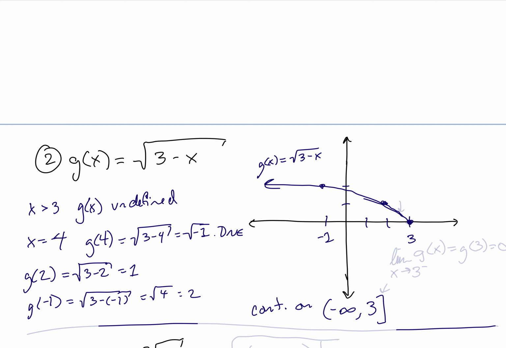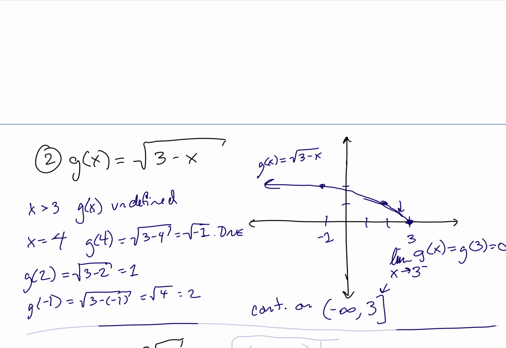And because the limit of the function as x approaches 3 is actually equal to the function value at that point, because the limit as x approaches 3 from the left-hand side of g of x is equal to g of 3, which is 0, that tells us that it is continuous right up to that closed endpoint. So this function is continuous on the interval from negative infinity up to 3 closed.